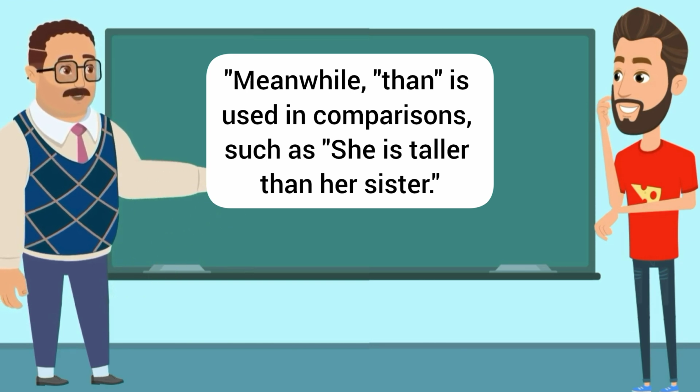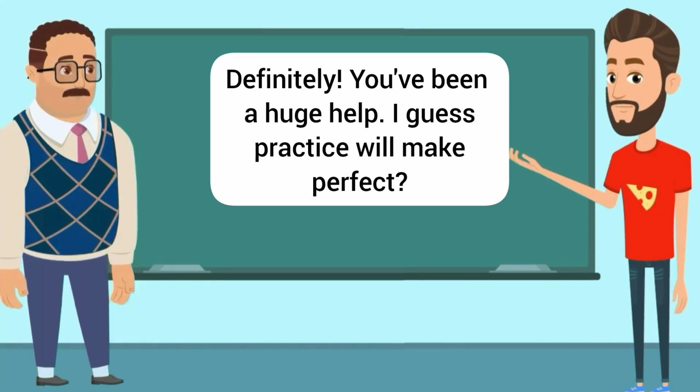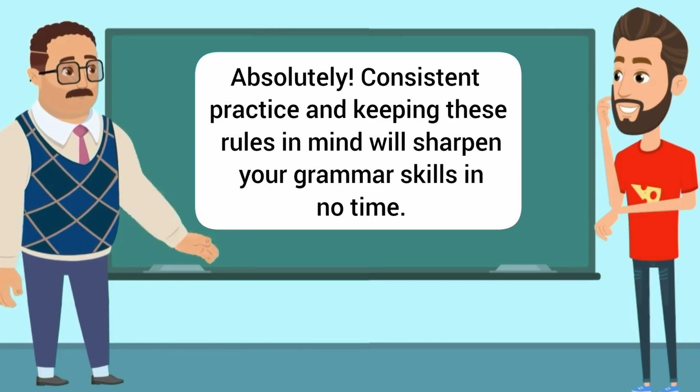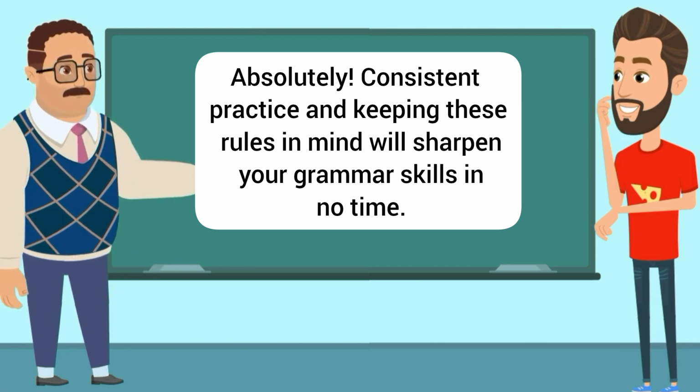Meanwhile, than is used in comparisons, such as, she is taller than her sister. Definitely. You've been a huge help. I guess practice makes perfect. Absolutely. Consistent practice and keeping these rules in mind will sharpen your grammar skills in no time.